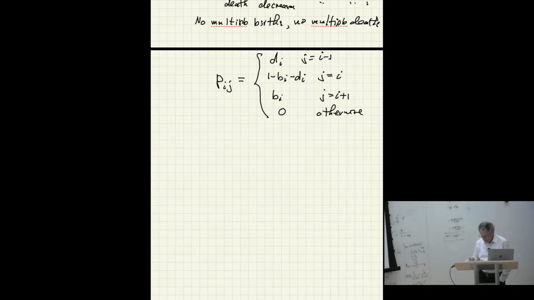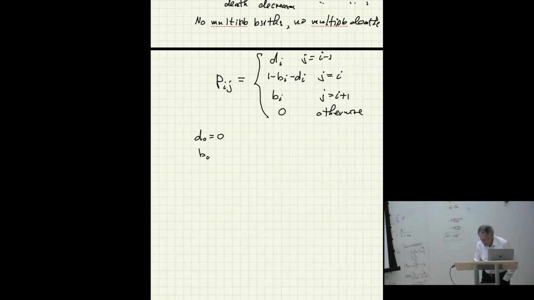Now, it's not surprising that I'm going to require that d sub 0 be 0. You can't have a death when there's no one in the population. I mean, you could consider other kinds of models where that could happen, but for the example I'm using now, I'm using the intuitively pleasing statement, no deaths. In other words, no one can leave if no one is there.